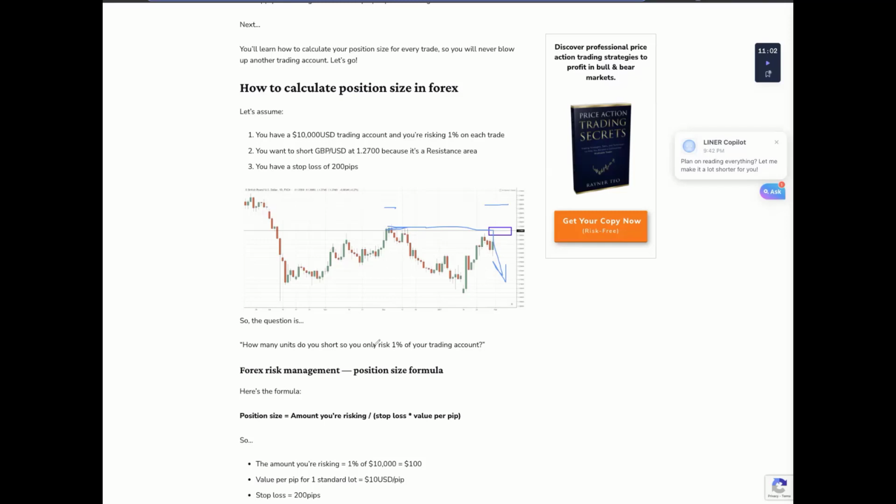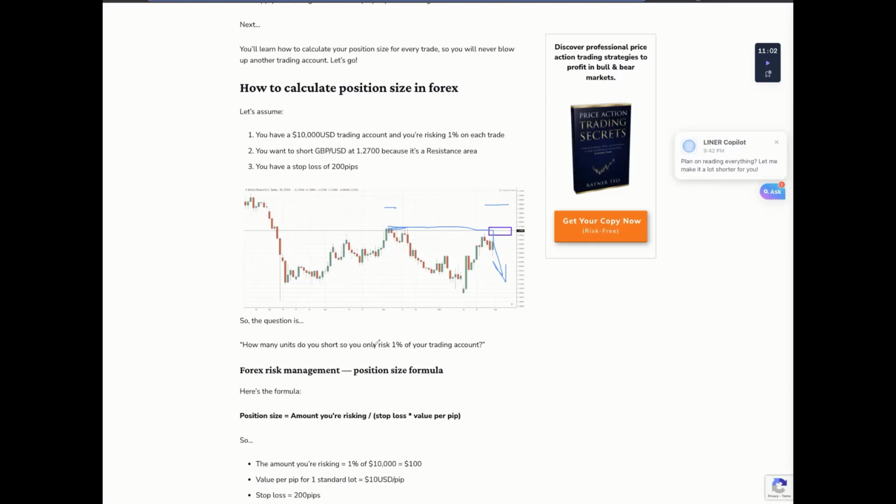While you still only want to lose 1%, there is a way you can increase your lot size so that even if the market goes against you, you will not lose more than that 1%. Sure, you get? So you can always see if you can risk more while maintaining the same risk management of 1%.